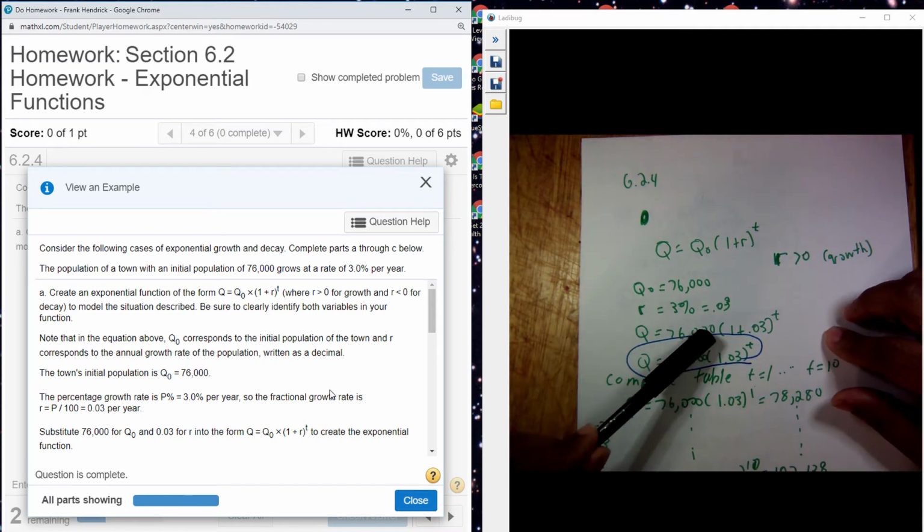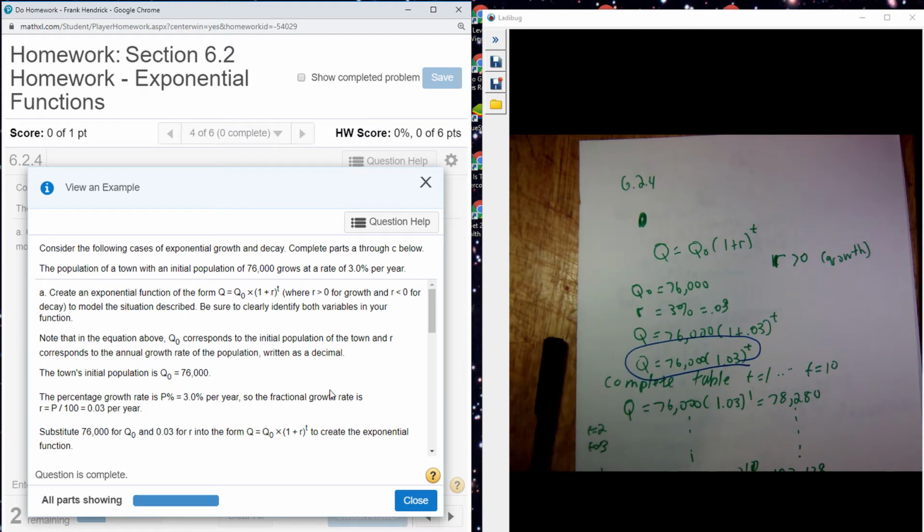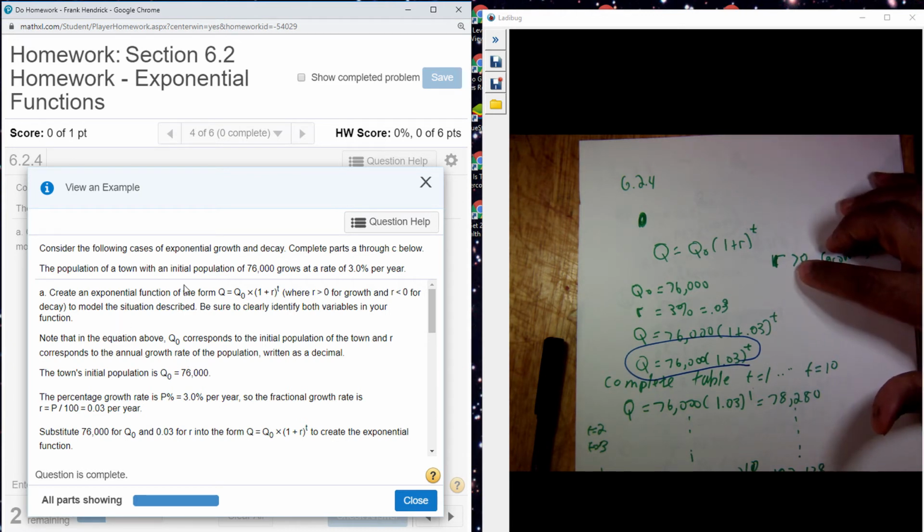So I plug in here. Since it says it grows, R is going to be positive for growth.